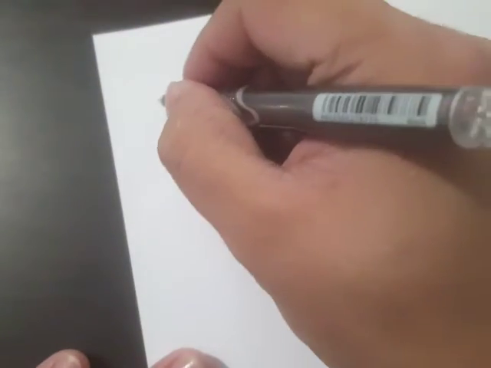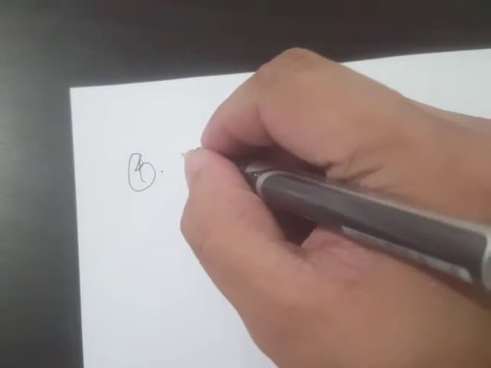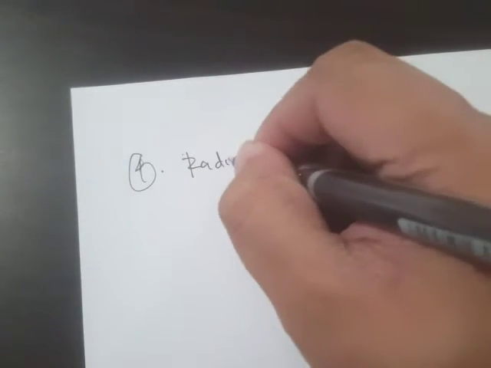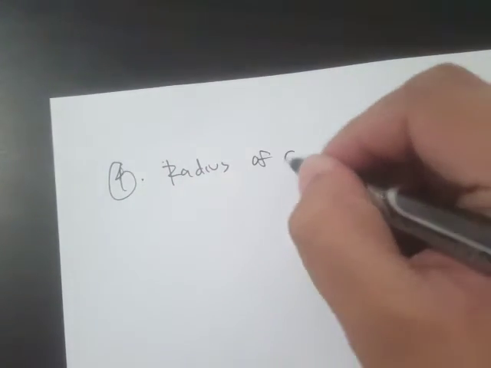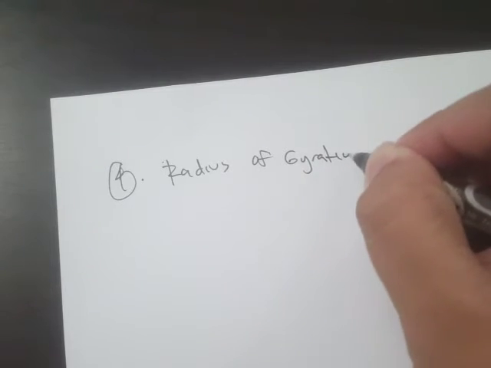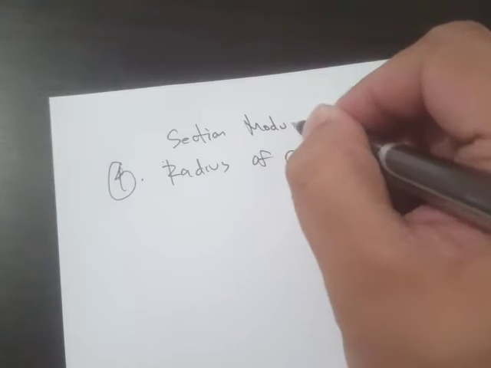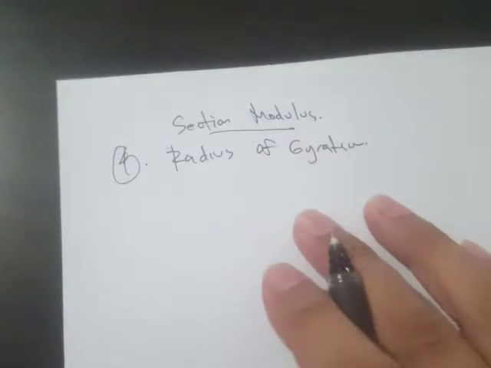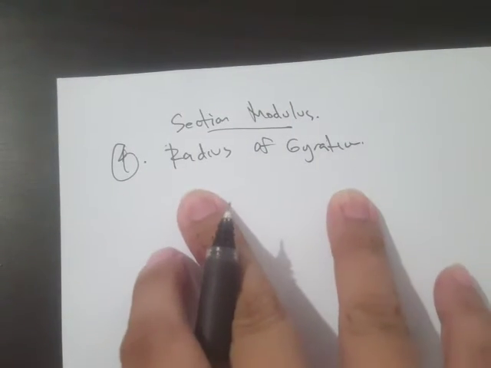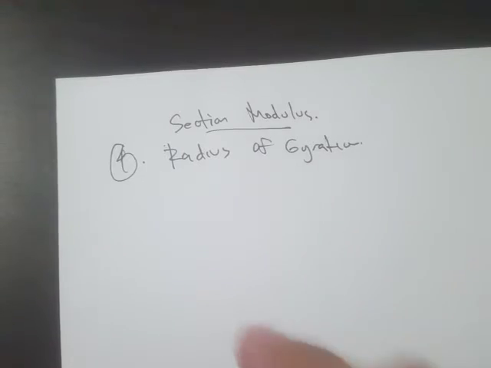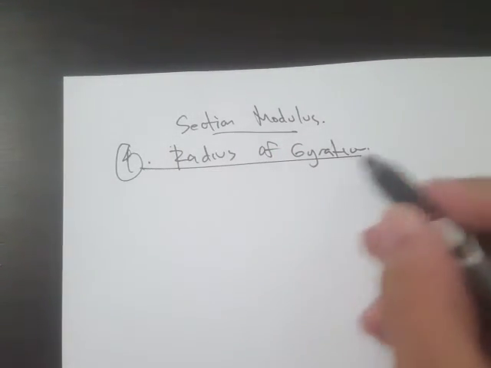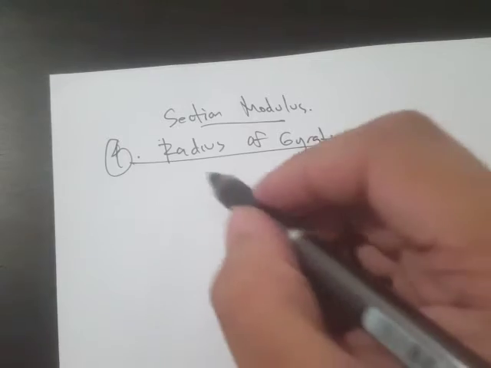But that's the main concept. Another geometric property that we'll encounter, and there are still many others, is the radius of gyration, and also the section modulus, which you can just derive using the moment of inertia. But here let's try to explain the radius of gyration.